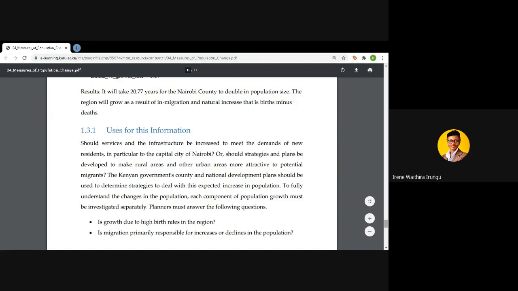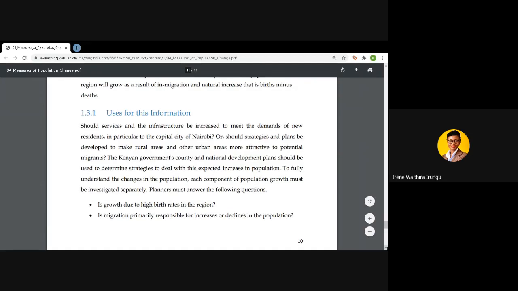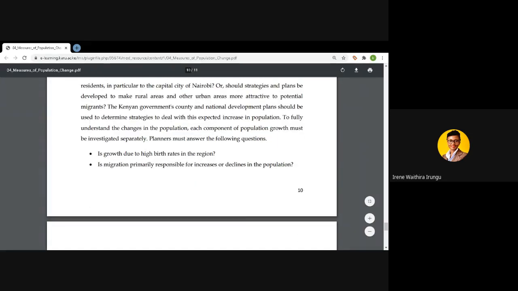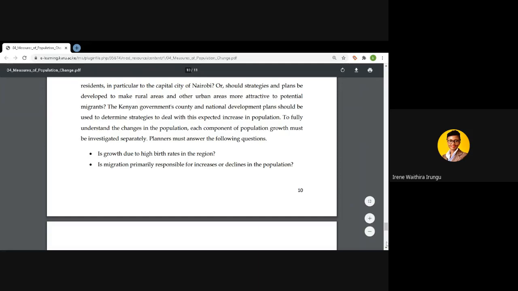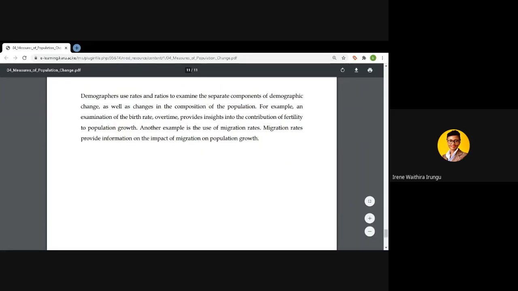So planners are able to answer the following questions. Is the growth due to high birth rates in the region? Again, is migration primarily responsible for the increase or declines in the population? By using these measures, they can narrow down and determine what decisions should actually be applied.